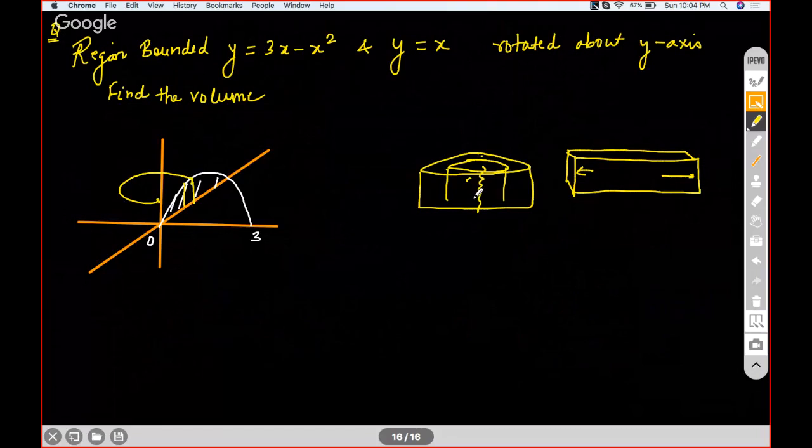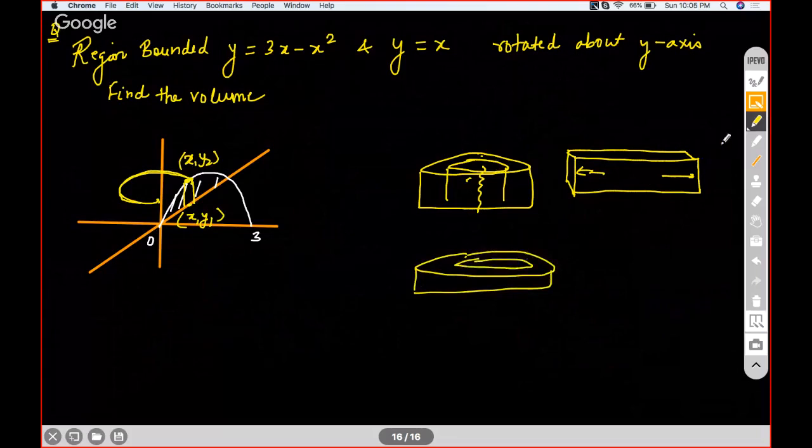Let's say this point is x comma y2 and this point is x comma y1. If I have a circular washer like this, what would be the length of this entire thing if I cut it open? So think as if there's a washer like this, and I cut it from here and open it up. It will look like this then.